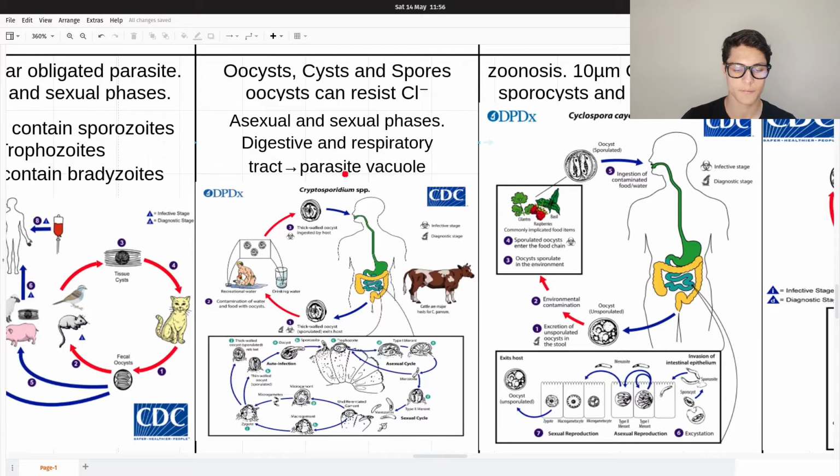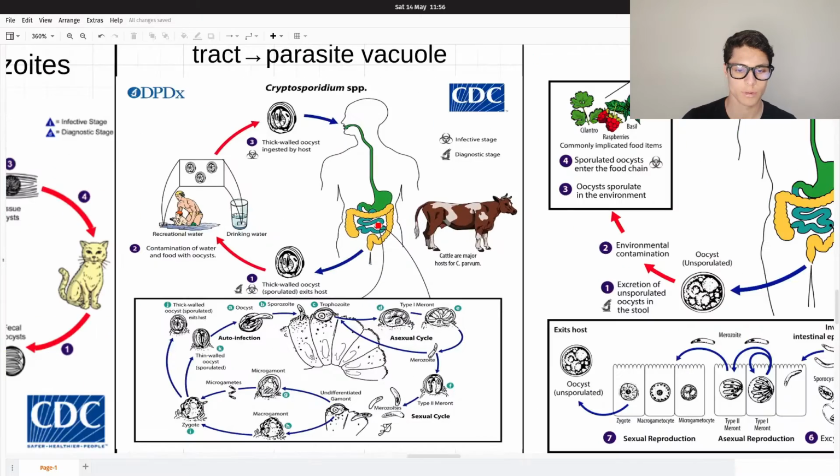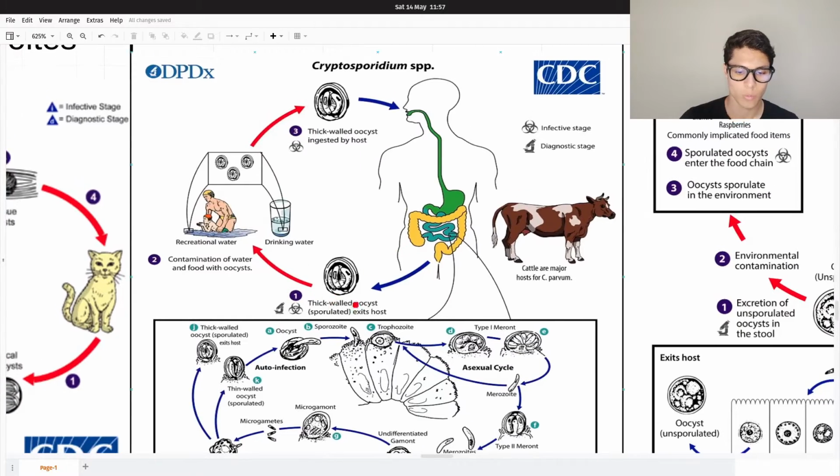They infect by creating this vacuole alongside the intestine, as we are going to see now with the biological cycle, the life cycle. Thick-walled oocysts, sporulated, important, exit the host.